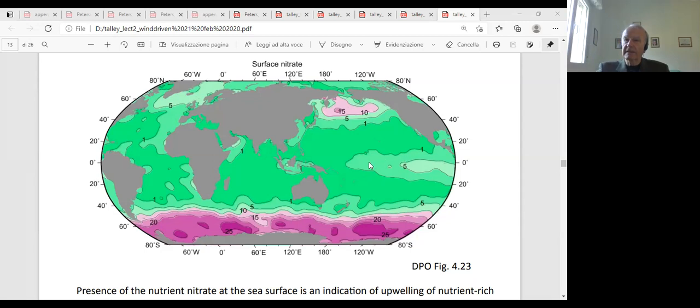So you see that the equatorial areas have a higher concentration of nutrients. Why there? Because there we have the equatorial upwelling. So equatorial upwelling is obviously the same phenomenon as the Antarctic circumpolar current, and also these mid-latitude cyclonic gyres have a higher concentration of nutrients, the same as you would see from the horizontal temperature distribution.